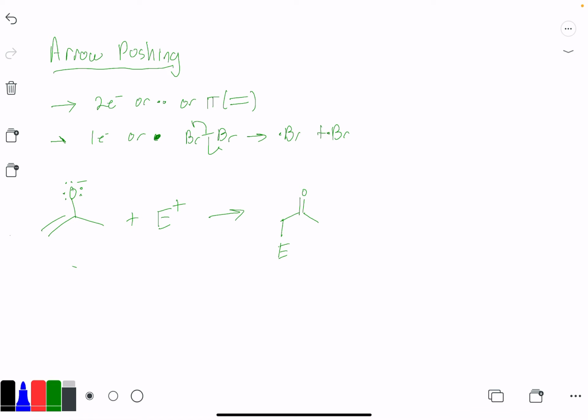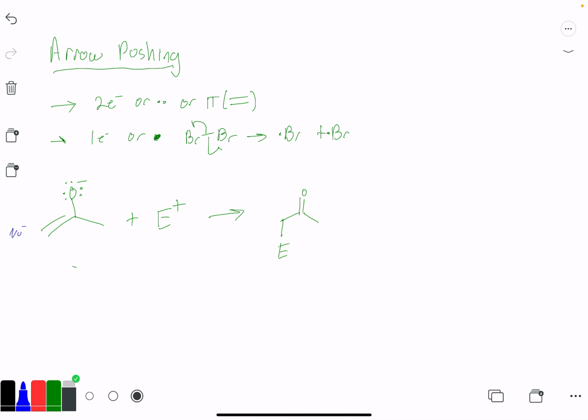So that means the nucleophile must be giving its electrons to the electrophile. It loves to give its electrons. It's electron rich. And the electrophile wants electrons, so it's going to want to take some from the nucleophile. And so the electrons are going to have to flow from the nucleophile to the electrophile.